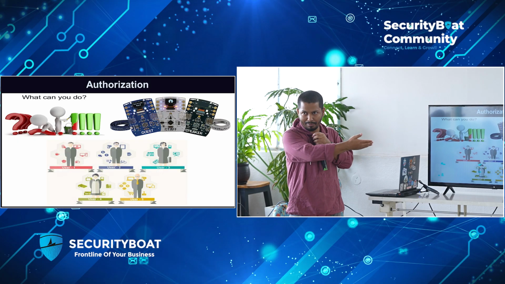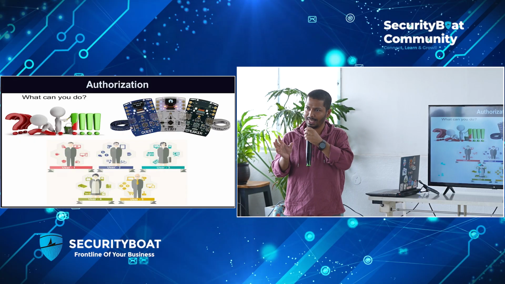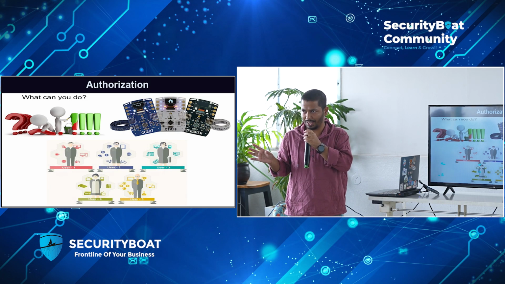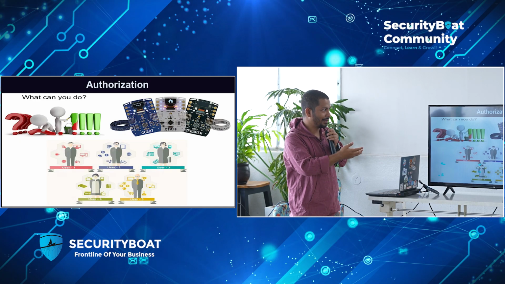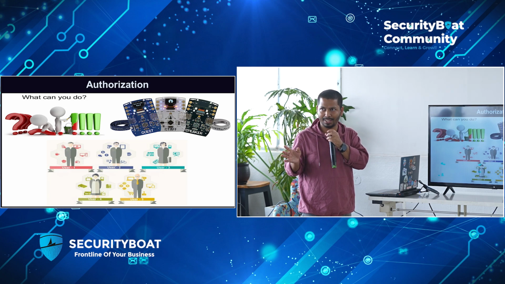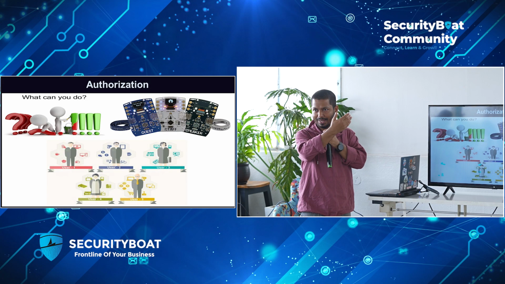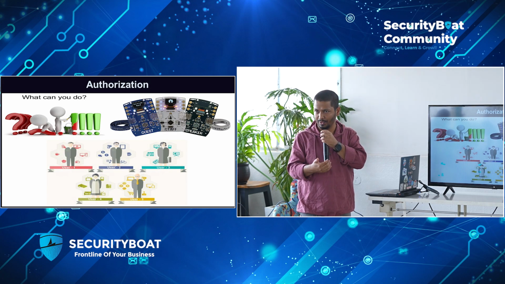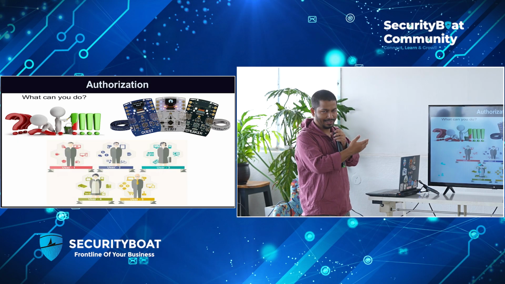It can be role-based authorization, a different set of roles, or it can be just one specific service account with a specific set of actions or operations you can do. To talk normally, consider any conference or a college or institution, there will be different sets of users, right? The principal will have the highest authorization, then come staff and then students. So everyone has different defined roles, and that is called authorization.